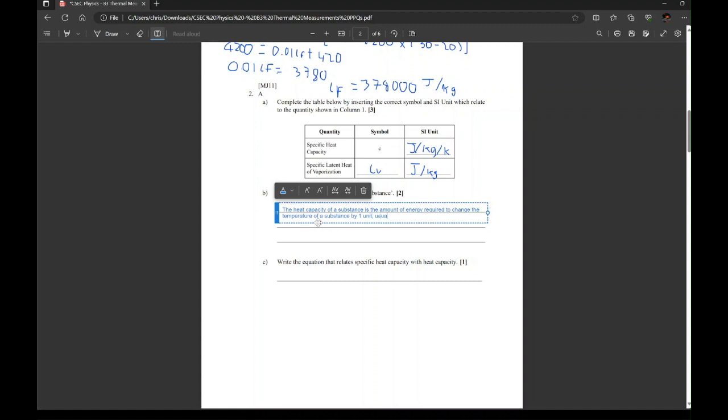You can just put usually 1 Kelvin just to be sure.